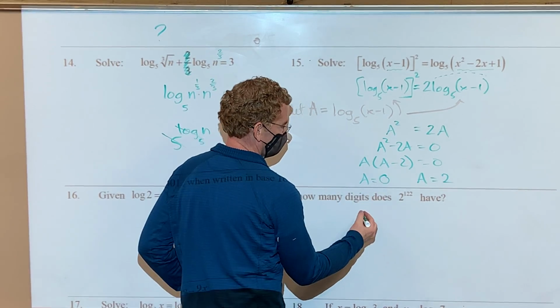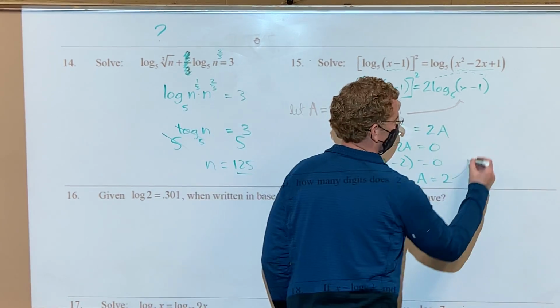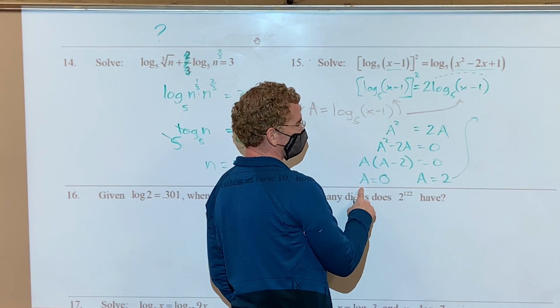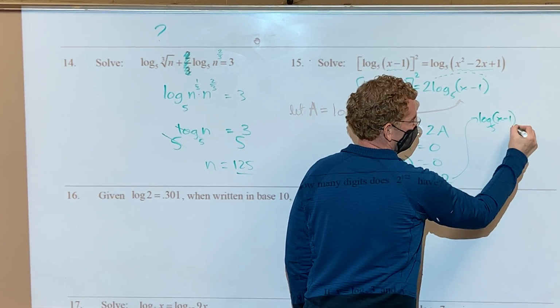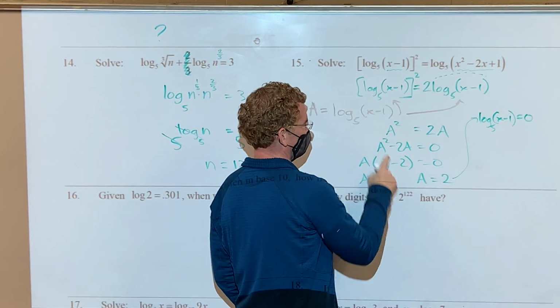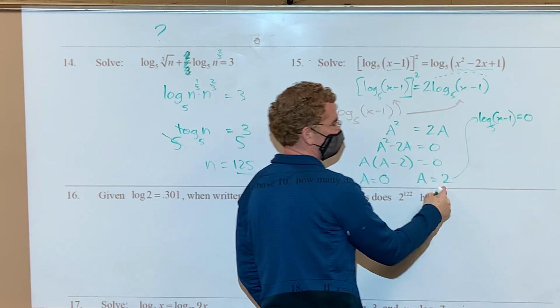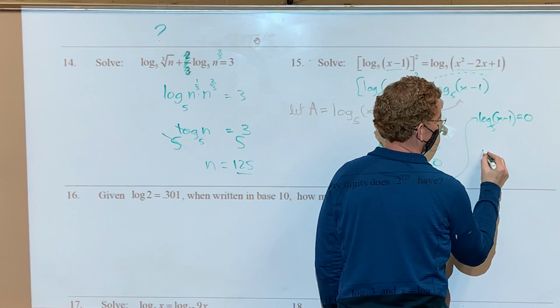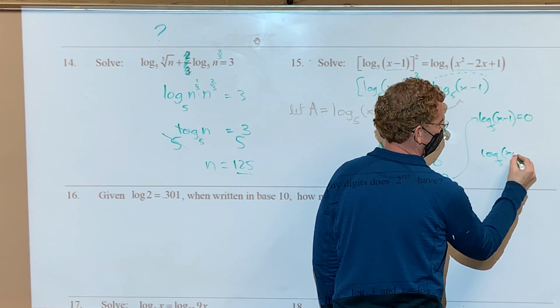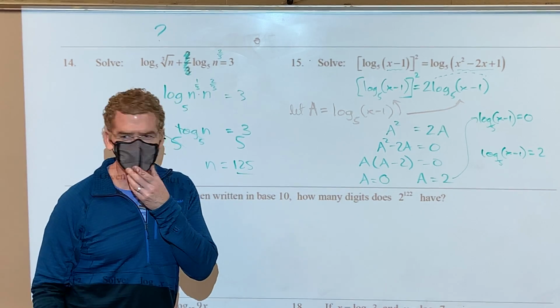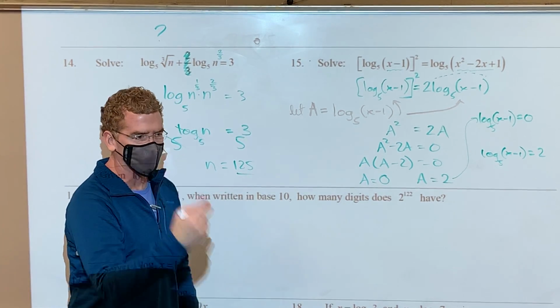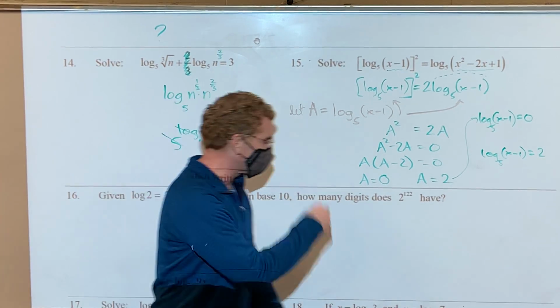Sorry, I'm going down a little bit here. I'll come up here. So a, which is log base 5 of x minus 1, can be 0, and a, which is log base 5 of x minus 1, can be 2. So all of this work just to get it to a point where I now have 2 logarithm problems. And how would I solve those?